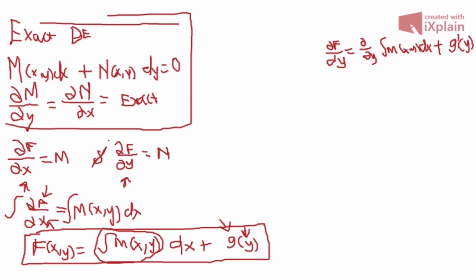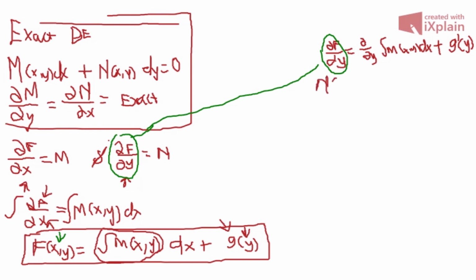Now, what is it that we need to do at this point? We derived del f over del y with respect to y, so now we need to put N here.